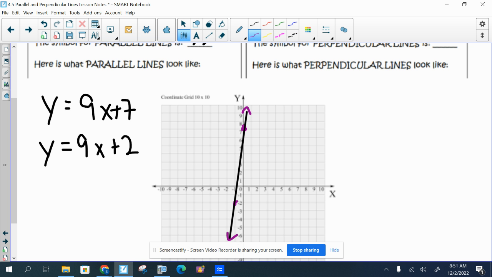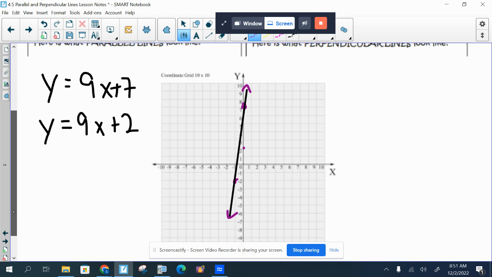And then do the other one. So the other one starts at 2. Once again, you can't go up 9 over 1 because it won't fit on the graph. So instead we'll go down 9 and left 1. So down 9 will be at -7 over 1.